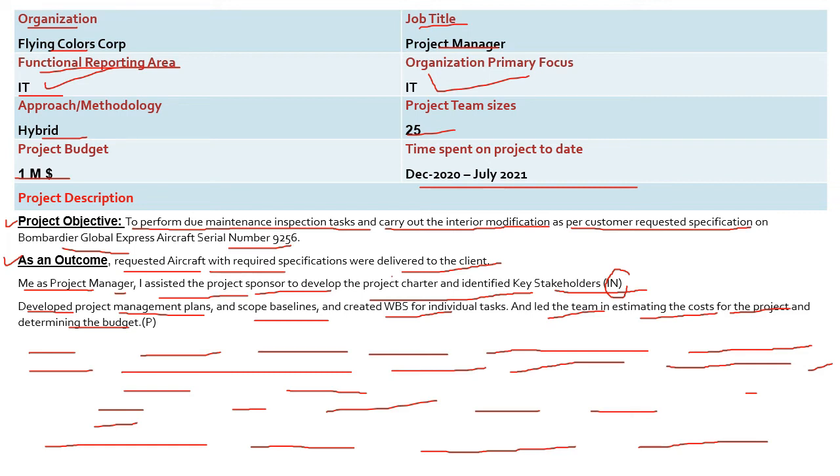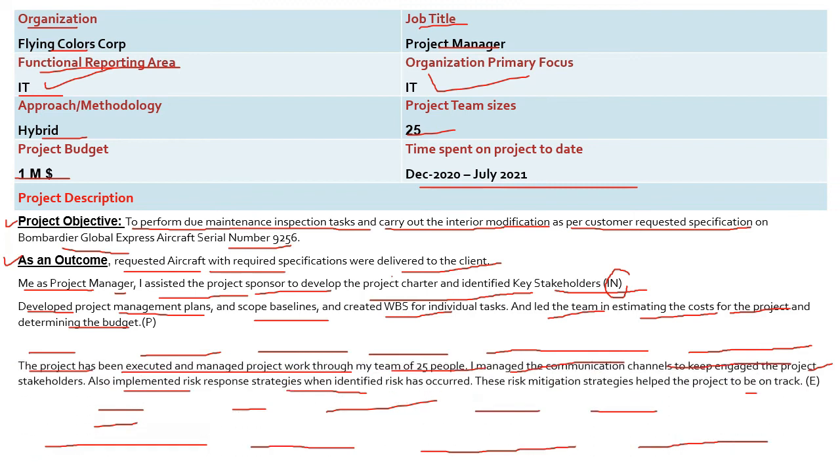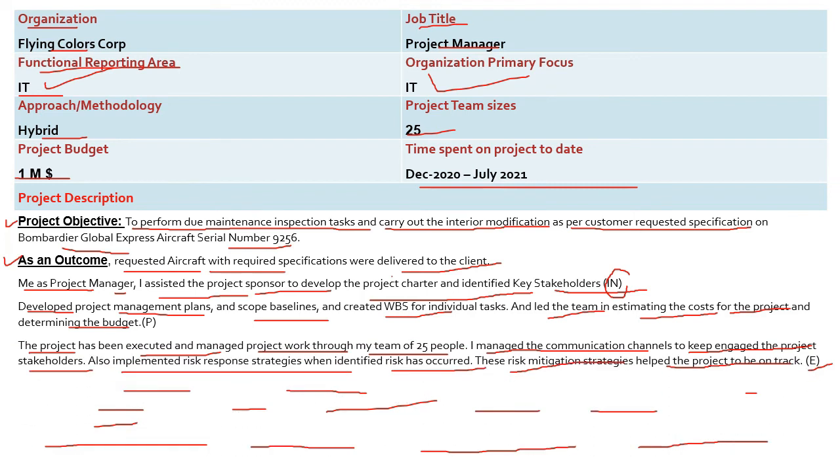Whichever of these activities you were involved in, you write only those. Let's move on further. Here you write the activities you did during the execution of your project. This indicates E, execution. So the project was executed and I managed project work through my team of 25 people.